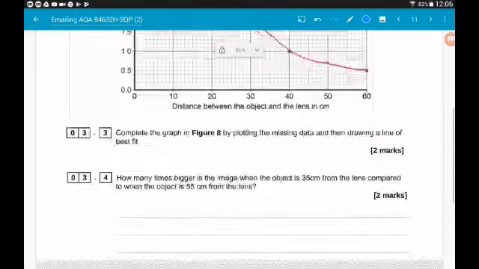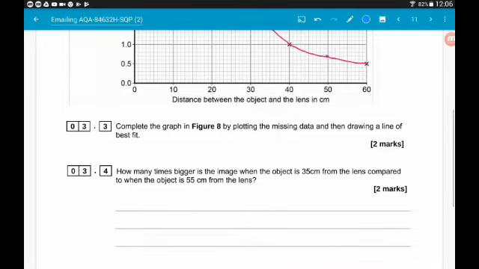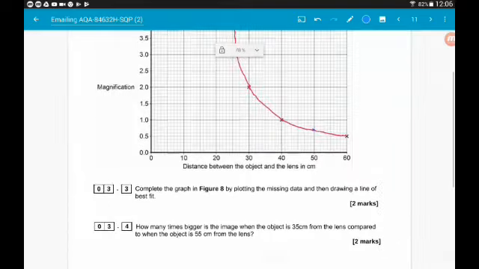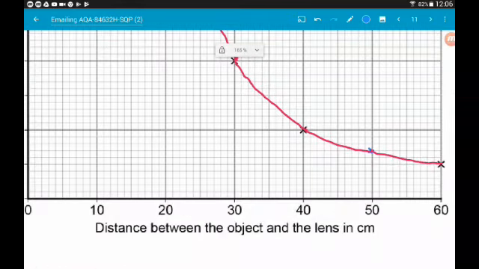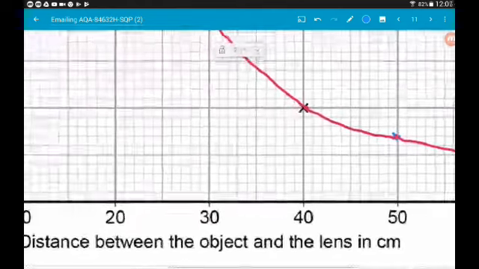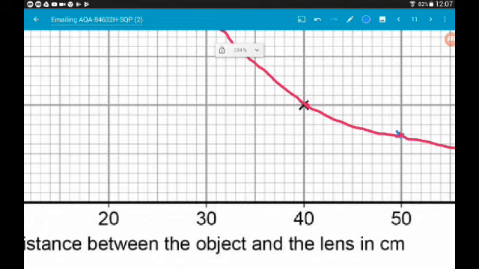Okay, then the next question asks, how many times bigger is the image when the object is 35 centimetres from the lens compared with 55 centimetres? So we need to find estimates. They are only estimates because this curve is rough, of the size at 35 centimetres.